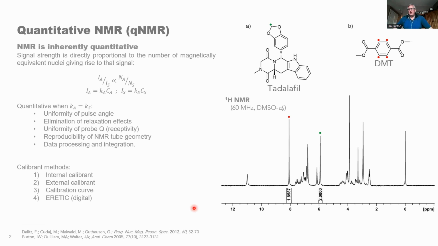Just shown here is a quantitative spectrum at 60 megahertz of tadalafil versus an internal standard, DMT. One of the things you can see in this spectrum is that we've got two nice singlets, well resolved, and that basically allows us to quantitate one against the other.